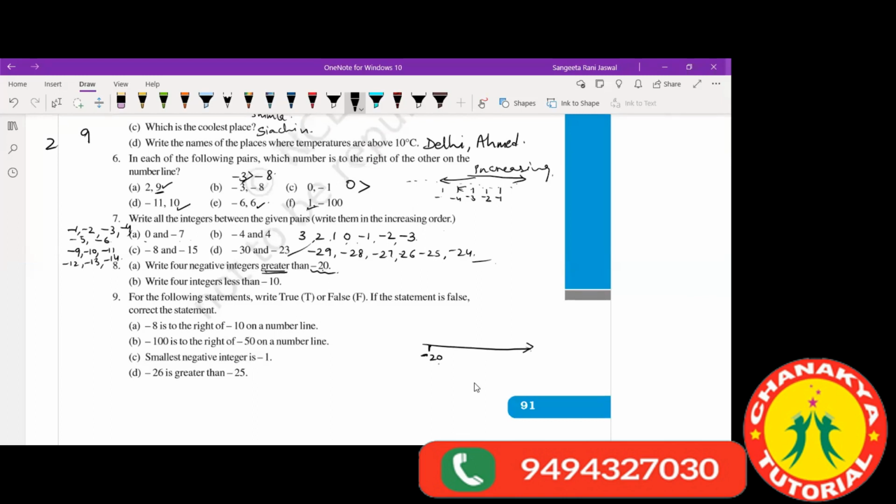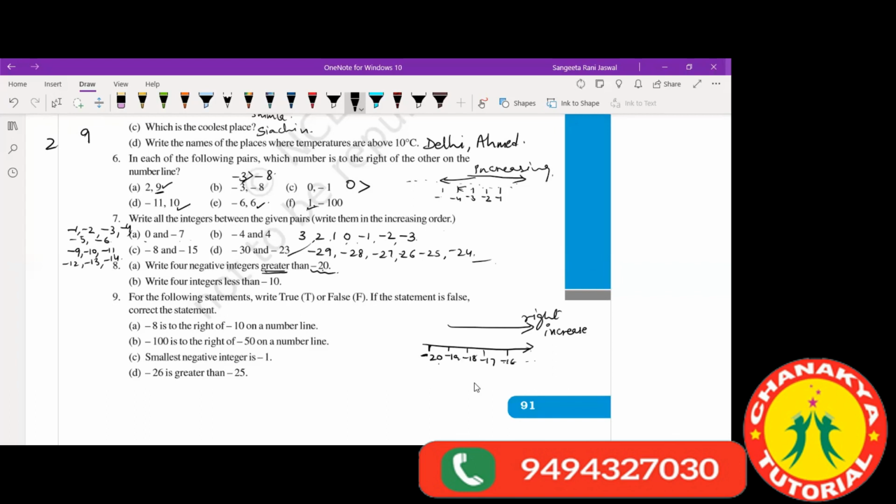Numbers increase towards the right side. So if you have -19, -18, -17, and so on, you can take any 4 numbers from here. These are all greater than -20.